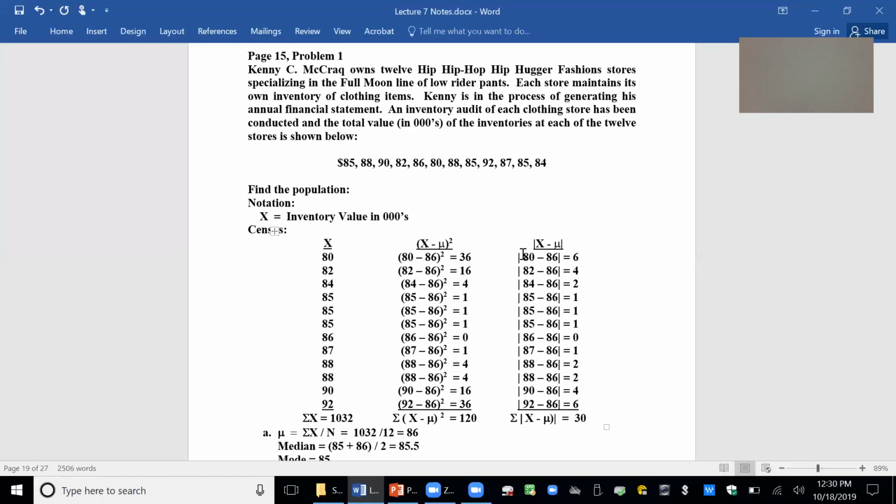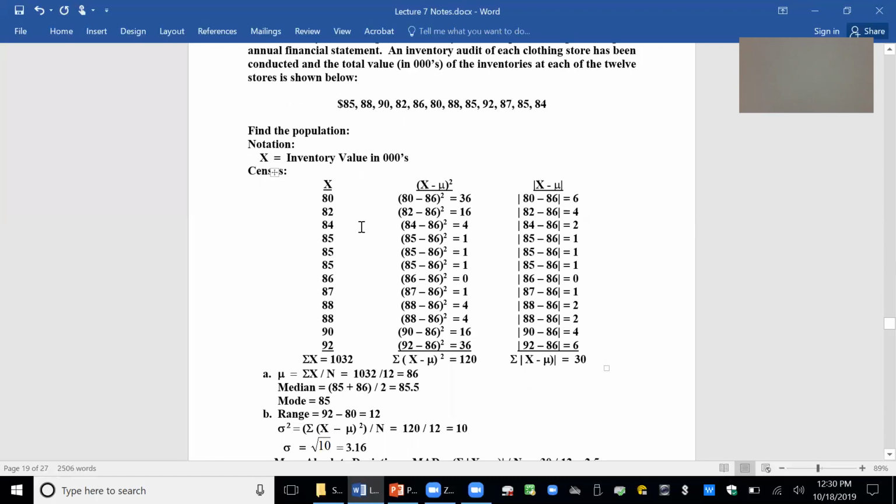And we have the inventory values for these 12 stores, and they're in thousands of dollars, 85,000, whatever. So we take data, and it's, of course, quantitative data. We take the data, first thing we do is we sort it.